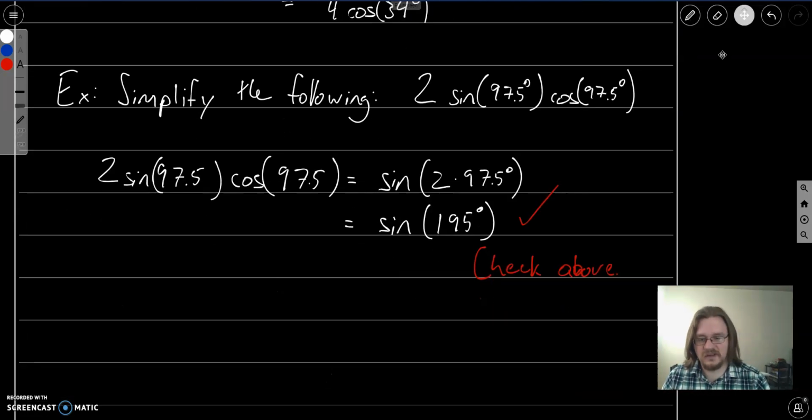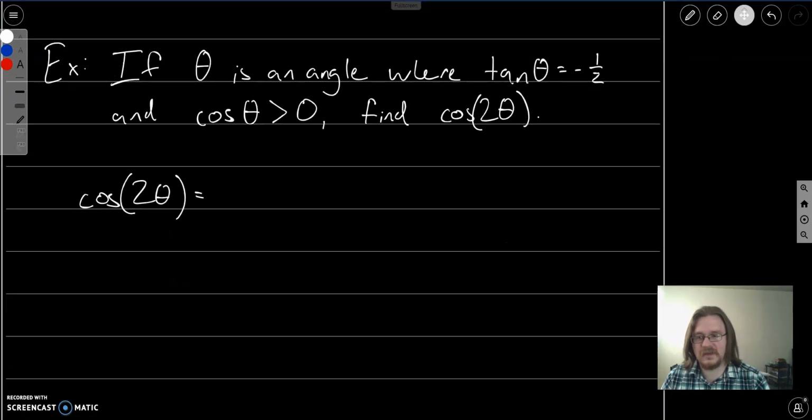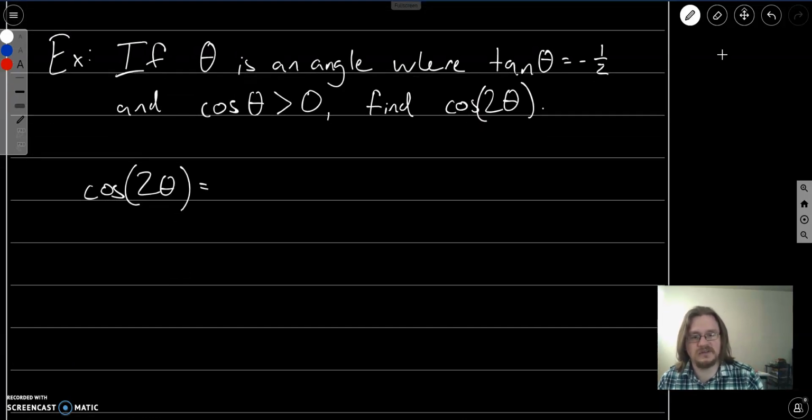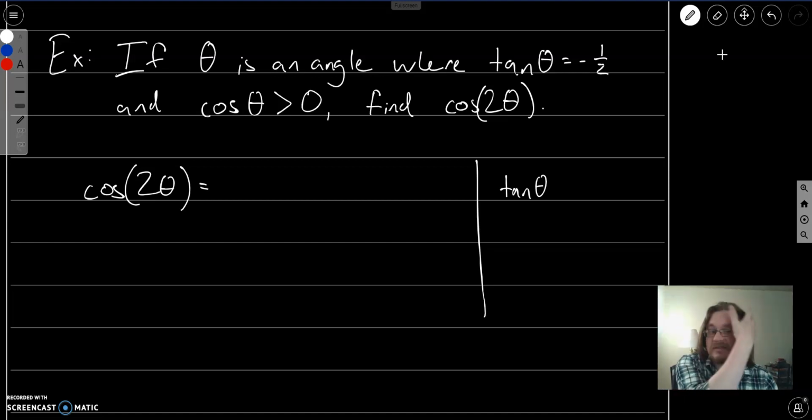So if we come back to the tangent function, how can I turn a tangent into a sine or a cosine? For me, the trick that I really like is if I go back to the Pythagorean identities and I look at tangent squared plus 1, I get secant squared.